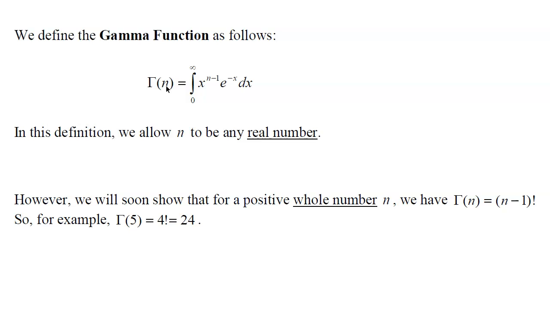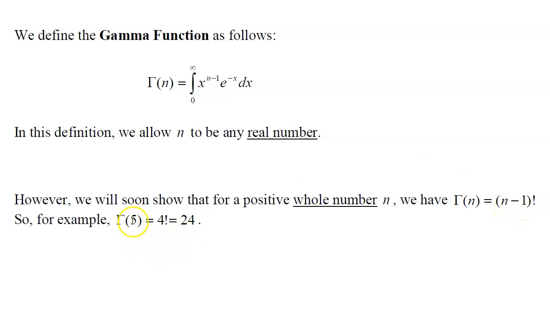Let n be a real number, not necessarily just a whole number. Now what is this? Well, we're really trying to find the area underneath a certain curve here. So for example, gamma of 5 would be the integral from 0 to infinity of x to the 4th power, 5 minus 1, x to the 4th times e to the minus x dx. Now it turns out that if n is a nice whole number, gamma of n is n minus 1 factorial.